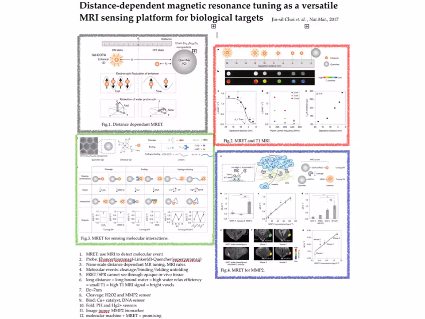If the tumor contains MMP2, the sequence will be broken into two parts, and then the T1 image will show high intensity, like here. In this mouse, there is a xenografted tumor in this part, and the tumor contains some MMP2, so the MRI image is bright.